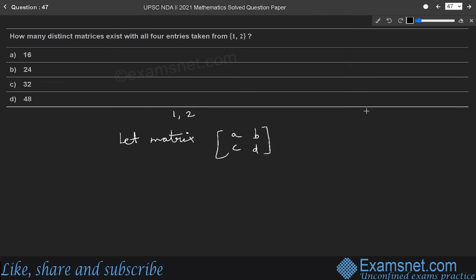Therefore, if each entry can be filled in 2 ways, the number of distinct matrices will be 2 into 2 into 2 into 2, because each entry can be filled in 2 ways. So the distinct matrices will be 2 into 2 into 2 into 2, which gives 16. So the number of distinct matrices will be 16. Therefore, the correct option for this question is option number A, which is 16.